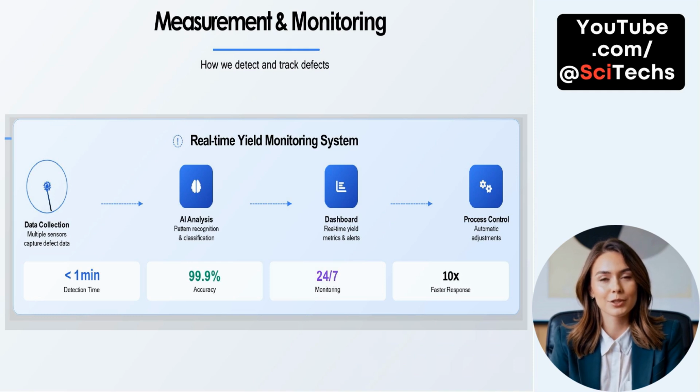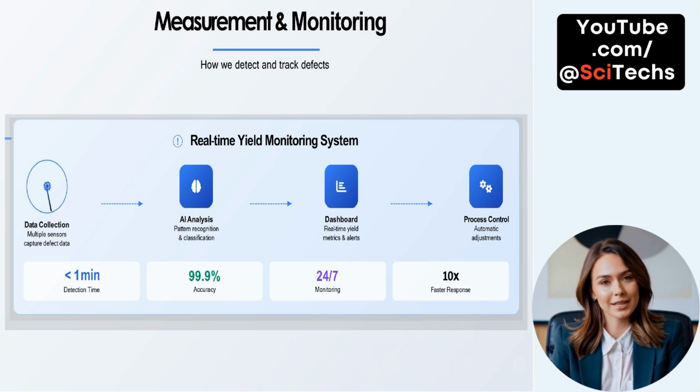Real-time yield monitoring system. Modern fabs rely on real-time yield monitoring systems to quickly detect, analyze, and respond to process issues. The system starts with data collection, where multiple sensors across the equipment and process stages capture defect-related data. This step ensures rapid detection, typically in less than 1 minute.